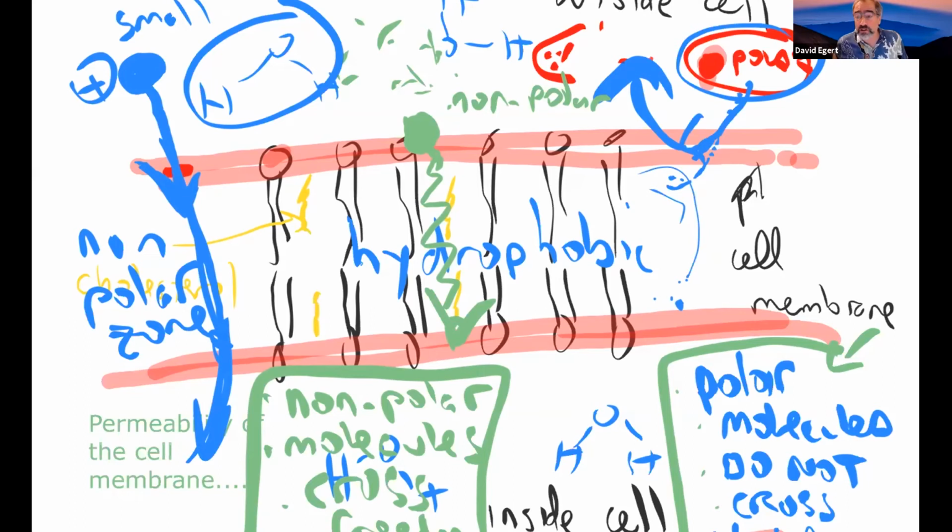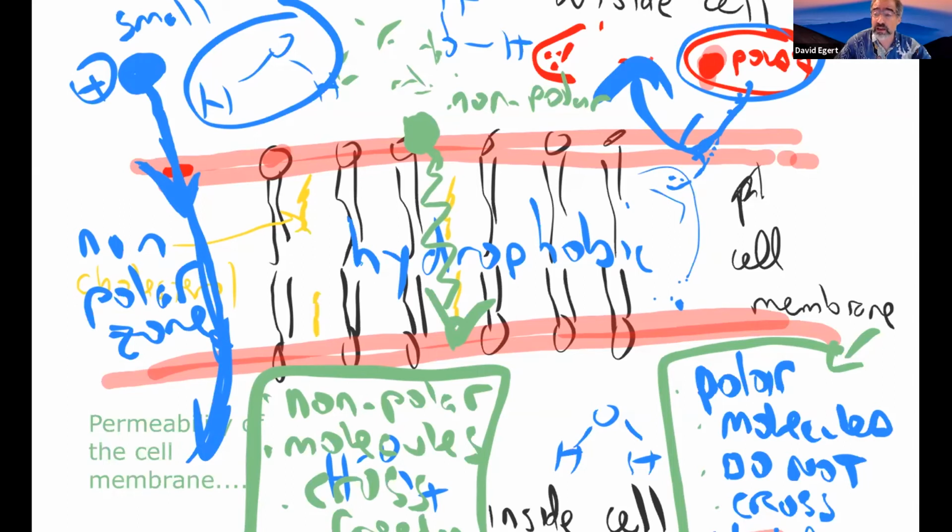If water couldn't cross the membrane, osmosis would not be a major theme of our class, right? Obviously, water moves in and out of the cell, and that's why we worry about osmosis. But if this rule of thumb, polar things don't cross the membrane, then water wouldn't cross the membrane. So water in general does cross the membrane, and they think it's because it's so dinky.